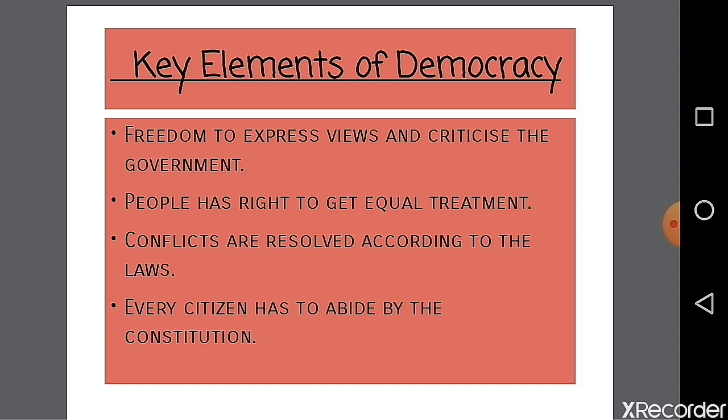There are people who are appointed for it: there are the judiciary, district courts, high courts, and the Supreme Court. So everyone has to abide by the law, and every conflict is resolved according to the laws.